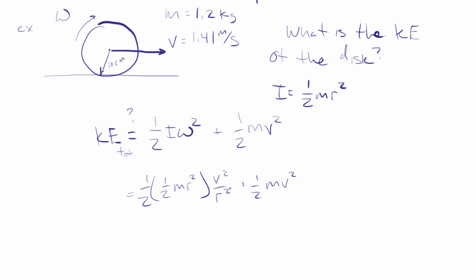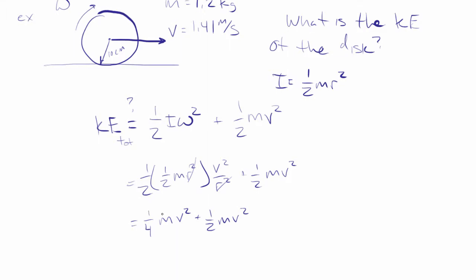So I cancel out these R squareds, and I'm left with 1/4 mv squared plus 1/2 mv squared. All right, so that's what I'm actually looking at now. I've got this extra term that's half of the translational term.